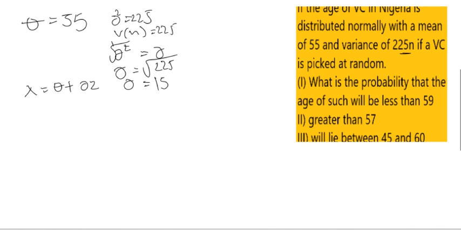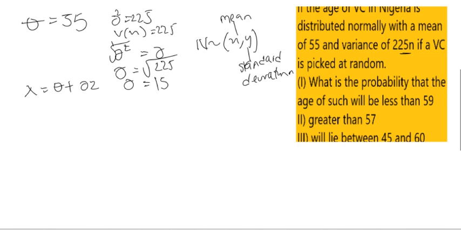Sometimes the question might not even come like this. They will just write N, then put one value here and another value here. The first value represents the mean, and the second value is the standard deviation.